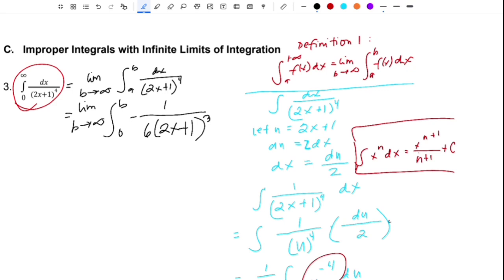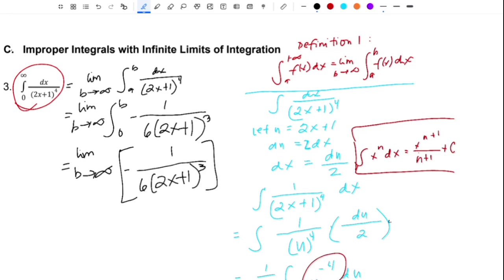Now let us apply its bounds, from 0 to b.